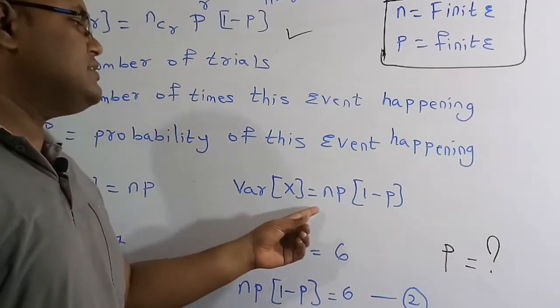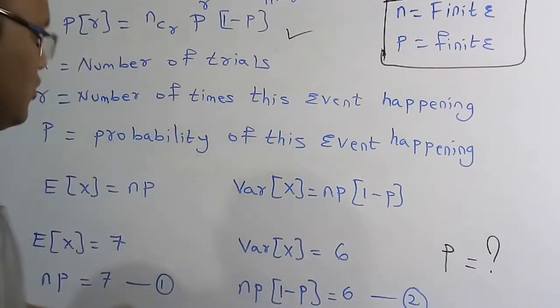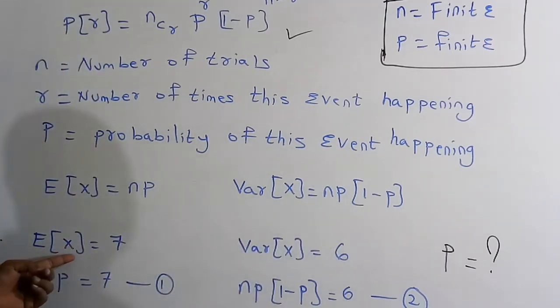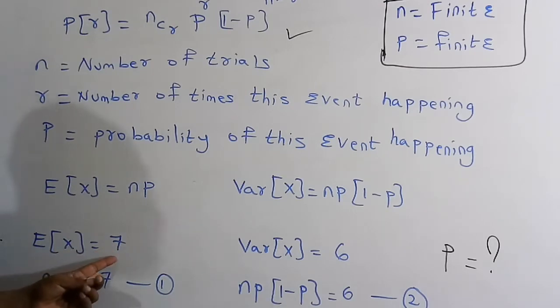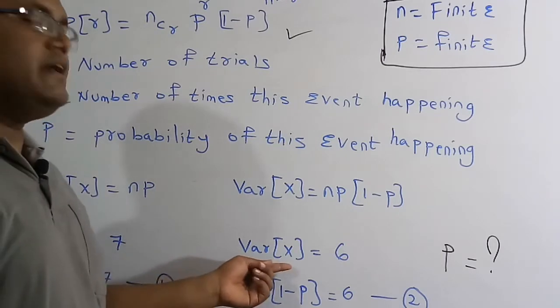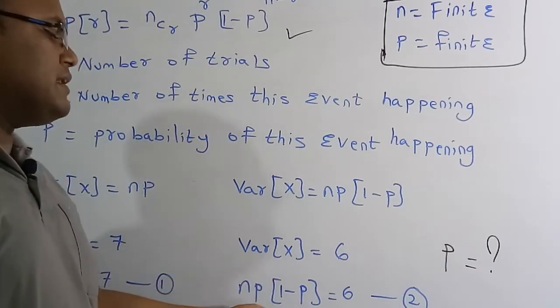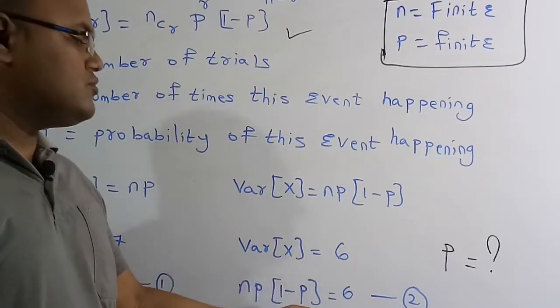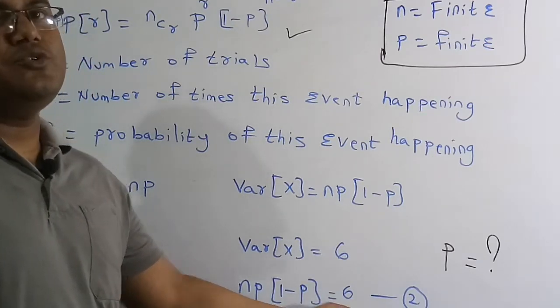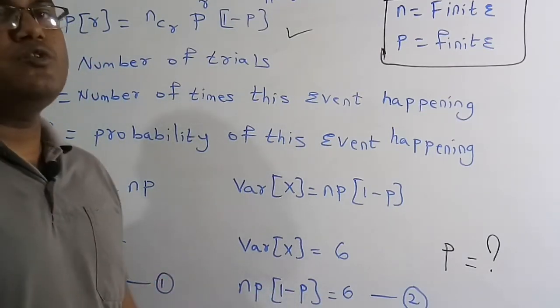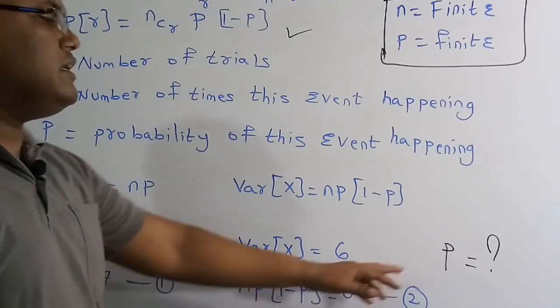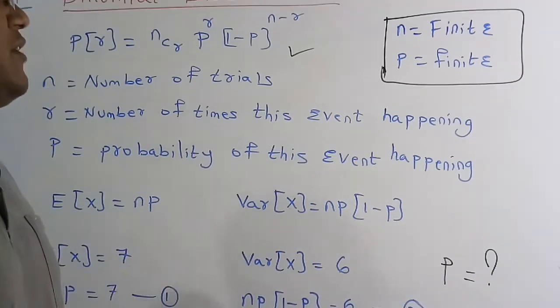The variance of x is np into (1 minus p), which they have given as 6. This is equation 2. From equations 1 and 2 we have to solve and get the value of P, the probability of success.